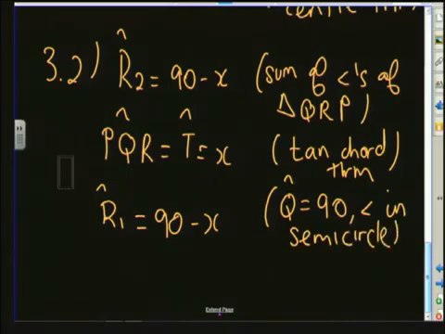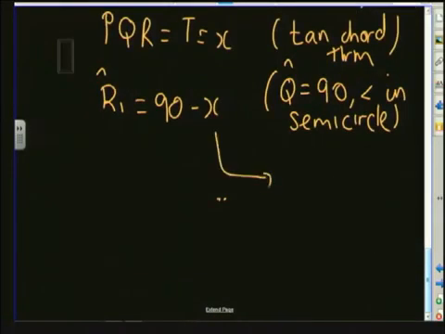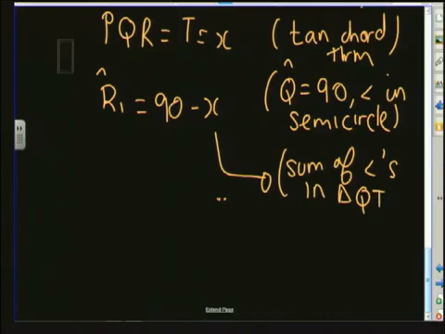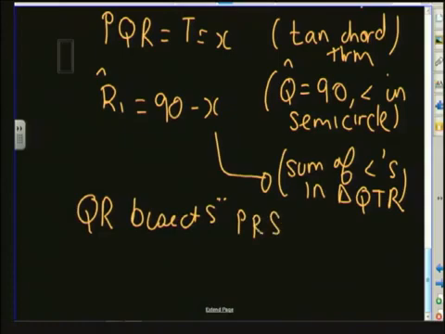Therefore, we can say that angle R1 is 90 minus x, and the reason for that was sum of angles in triangle QTR, and therefore we can say QR bisects angle PRS, because we know that angle R1 we've just shown is equal to angle R2. Okay, so the reasoning just follows from what we've shown on the diagram.